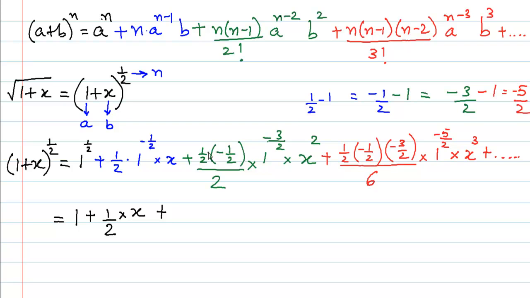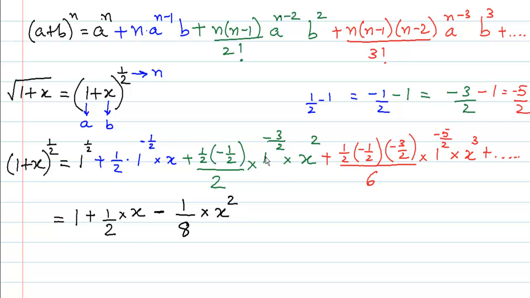Plus, in fact, let's see whether the sign is plus or minus. Let us verify that. So plus and minus is minus. We have a minus. 1 1 is 1, 2 2 is 4, and 4 into 2 is 8. So we have an 8 over here, x squared.